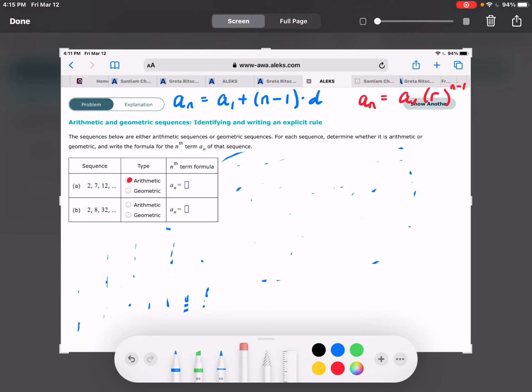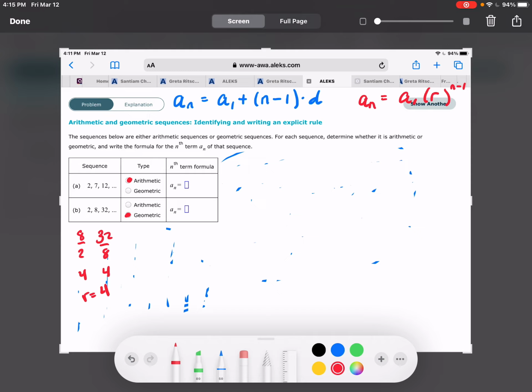So it's not arithmetic, but we can try out geometric. 32 divided by 8 leaves 4, and 8 divided by 2 leaves 4. So r is 4, common ratio, and this is geometric because we're going to multiply by something every time we want to get the next term.